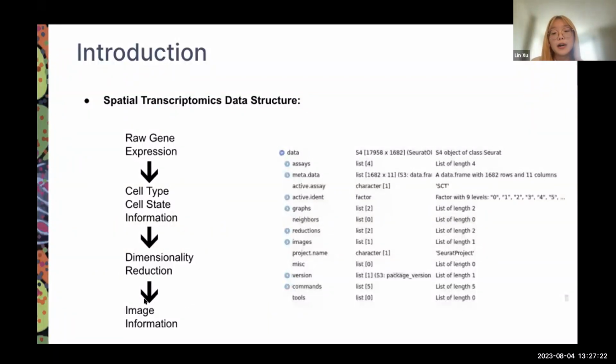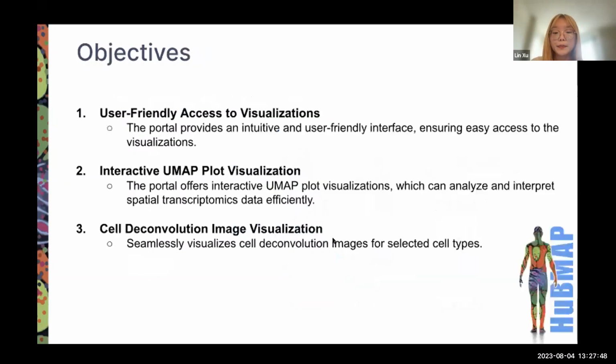And finally, we will have the image information such as spot coordinates and scale factor. And both of them will be integrated into the analysis, and the image information is essential for overlaying the gene expression data on the tissue image and gaining a spatial perspective of gene activity within the tissue section. And that will be stored in the image component.